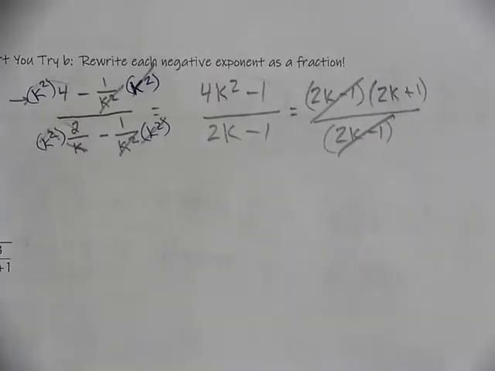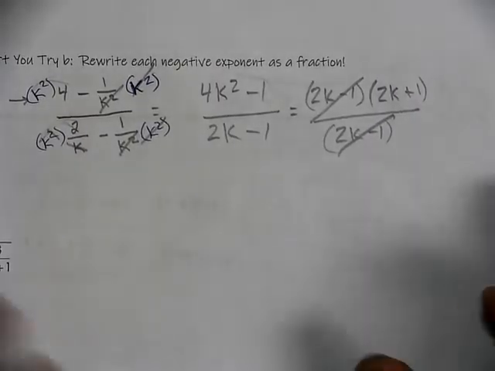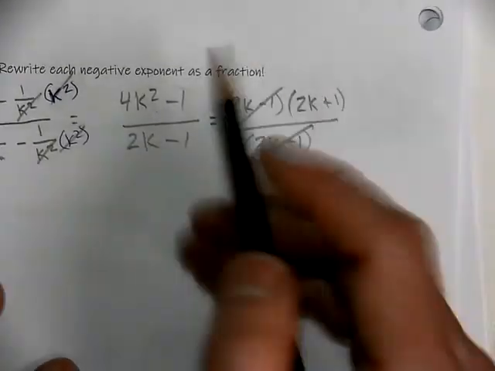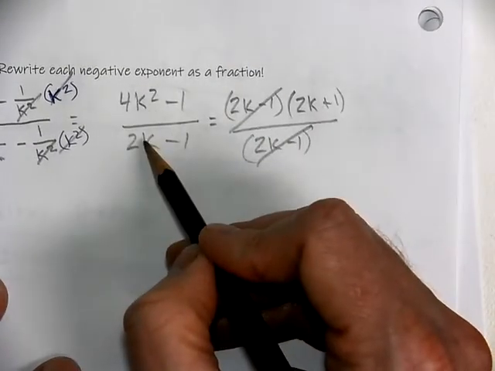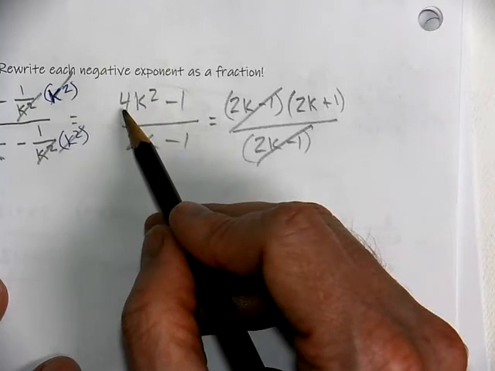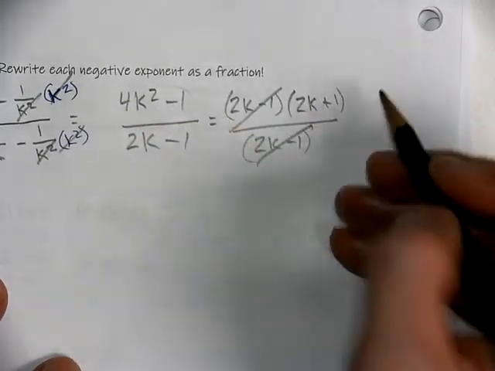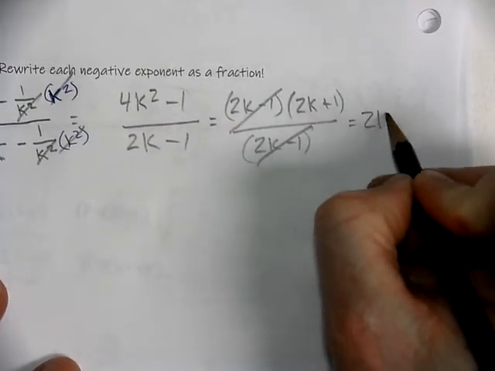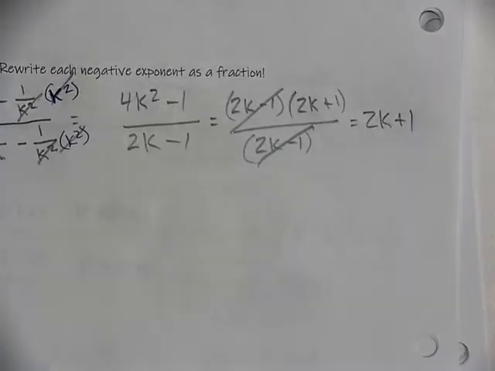And those are going to cross out completely. It does not reduce this way. It reduces because these are the difference of two squares. 2k plus 1.